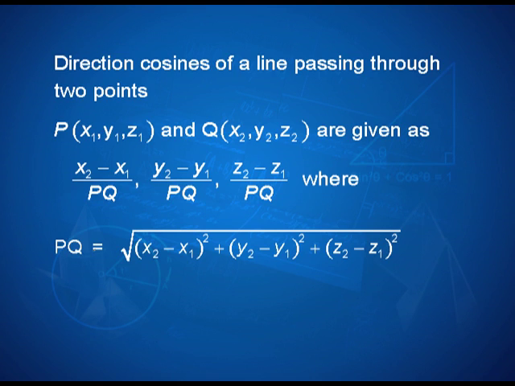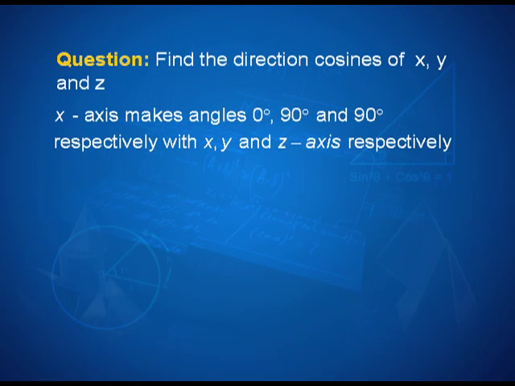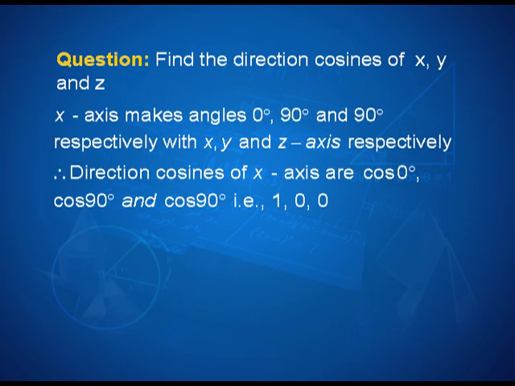I think now you are ready to try your hand at a very simple exercise. The question says: find the direction cosines of x, y and z axis. Now, we know very well that x axis makes 0 degree, 90 degree and 90 degree angle respectively with the three axes, and therefore, the direction cosines of x axis will be cos of 0 degree, cos of 90 degree and cos of 90 degree.